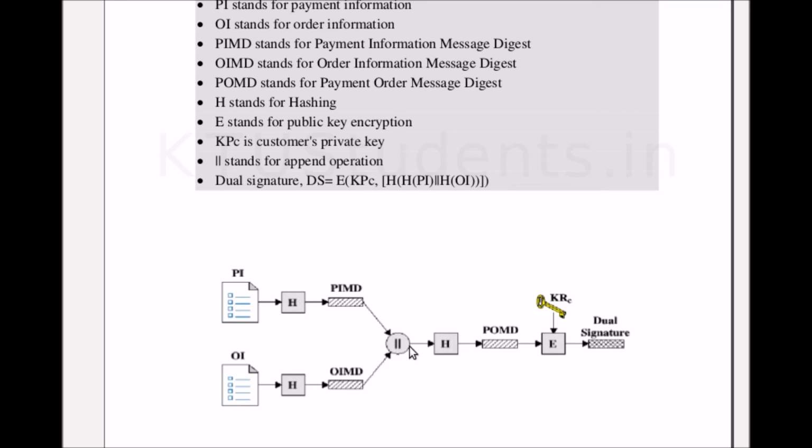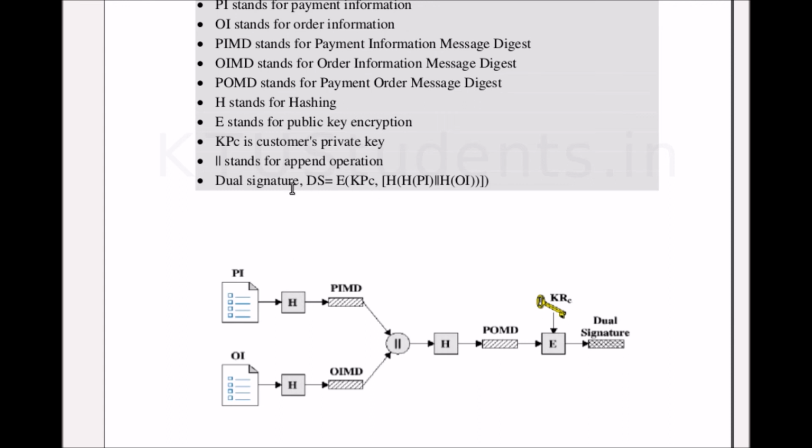After concatenation, it undergoes hashing and becomes POMD. This further undergoes encryption, which is public key encryption using the key KPC. The output is the dual signature.